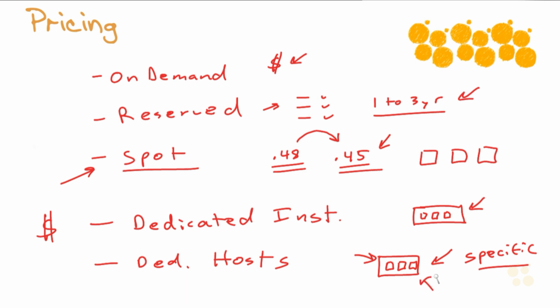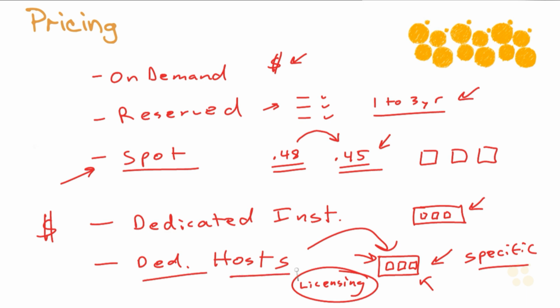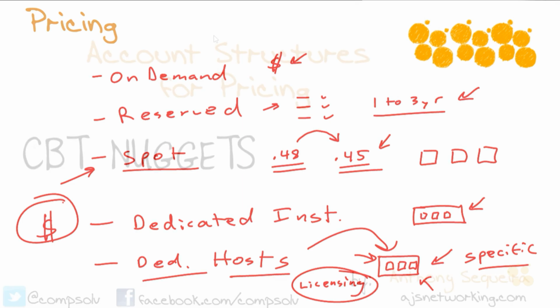You can literally place it on the specific hardware and have an identifier for that hardware from Amazon Web Services. We would do something like this where we have licensing in place already that we want to use in the cloud, and that licensing must reference specific hardware that we're putting that software on. So that takes it even further, and again, don't forget, you would pay for those privileges.